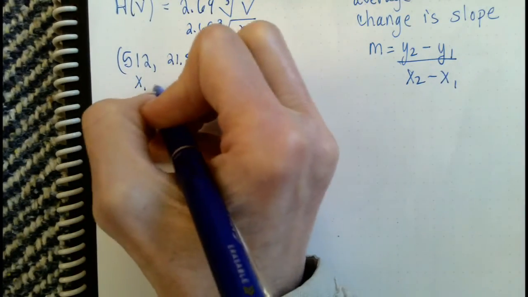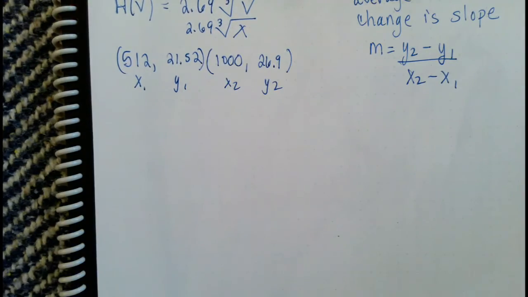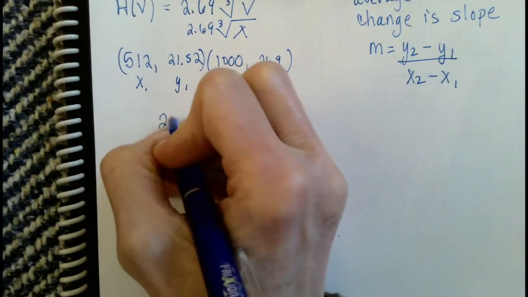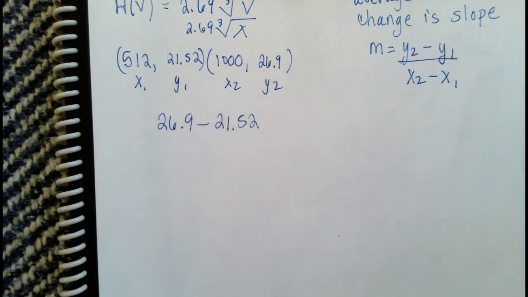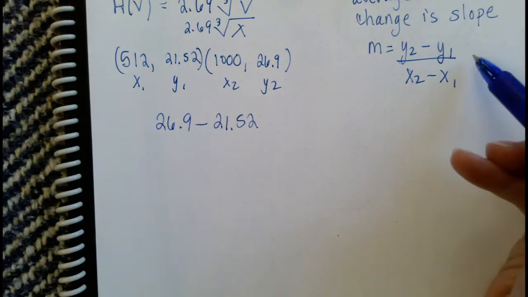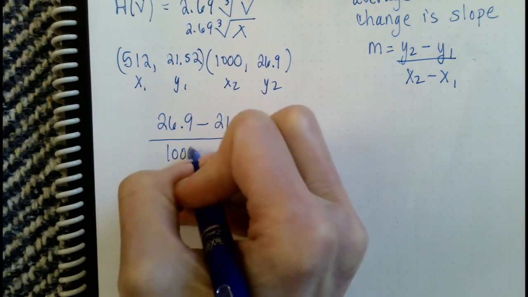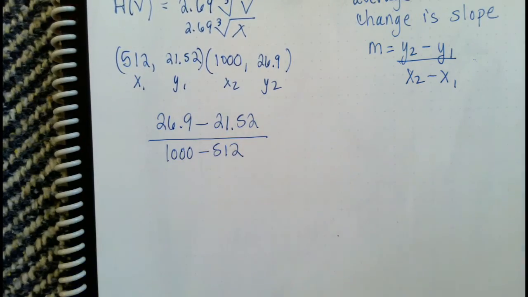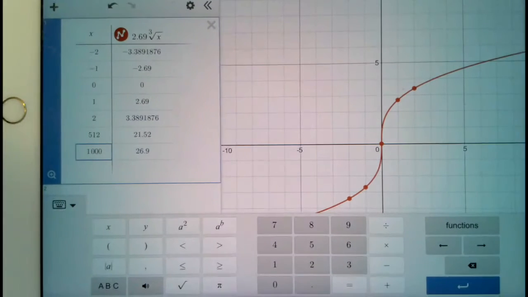Here's x1, here's y1, here's x2 and y2. 26.9 minus 21.52, filling into this formula, divided by 1,000 minus 512. That's what we're looking for.